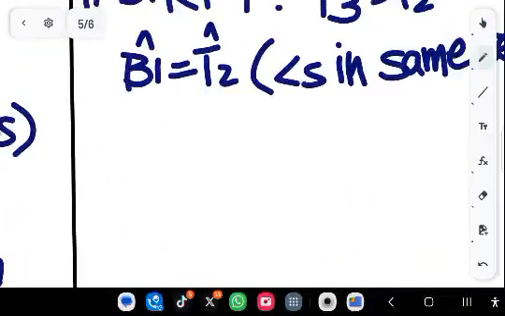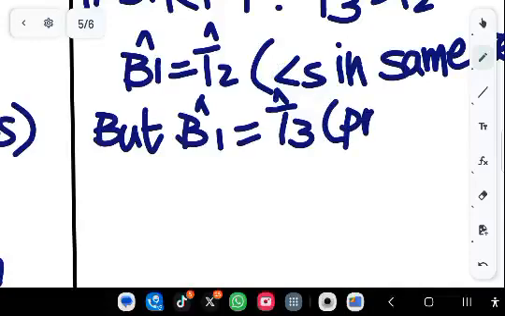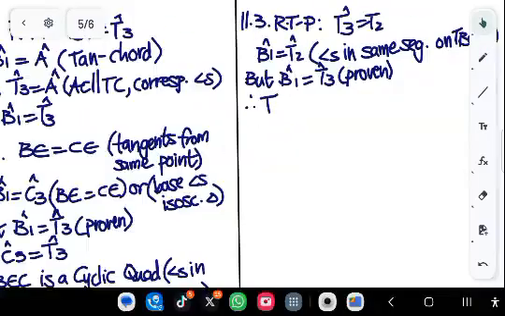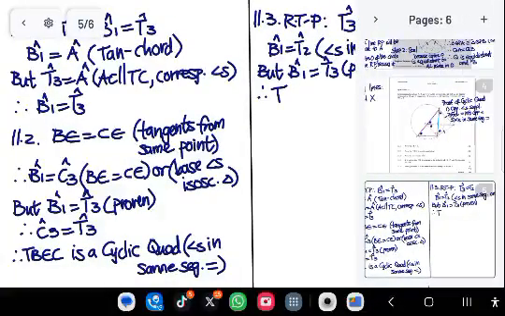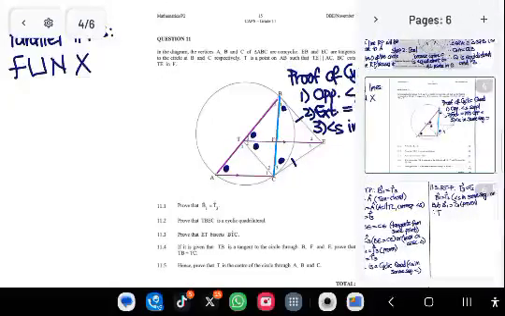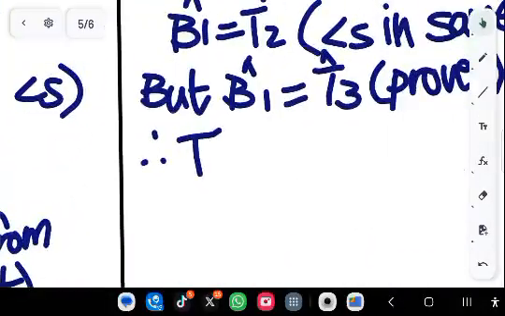But angle B1 equals angle T3. This has already been proven. Therefore, angle T2 equals angle T3.